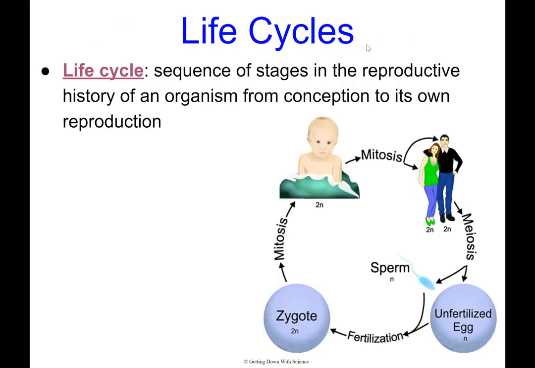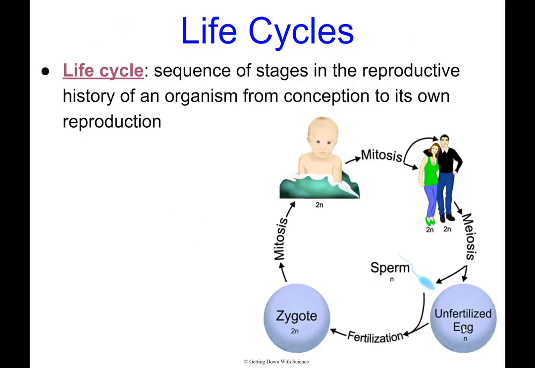So within the life cycle, it's a sequence or stage of processes through reproduction. Notice in our little diagram, we have our baby, 2N, goes through mitosis over and over as it grows and develops. So our adults are still 2N. But each of our individual adults are going to make gametes.